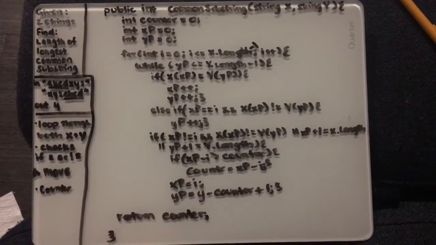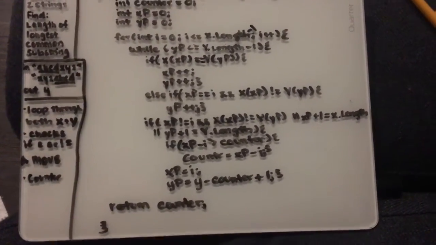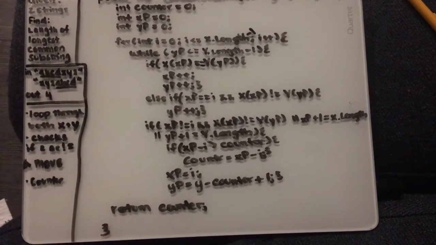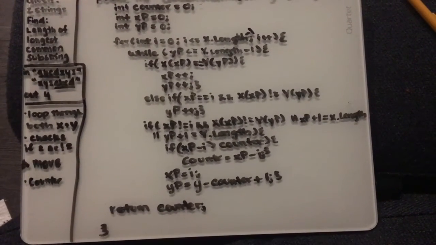If x at the x pointer is equal to y at the y pointer, then x pointer and y pointer increment.